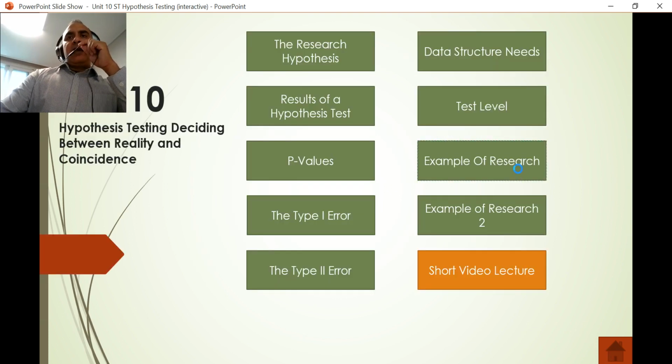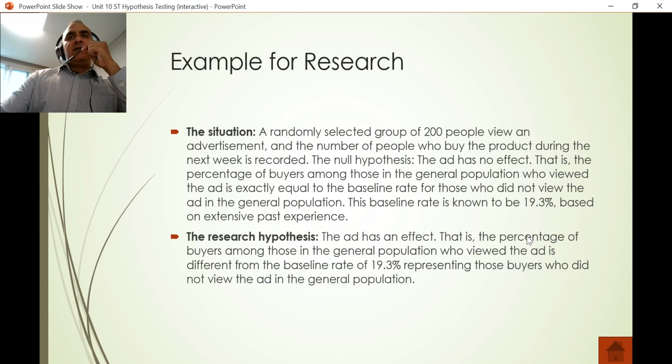So now we have examples of research. I want you to read this case. We have a randomly selected group of 200 people who view an advertisement, and the number of people who buy the product during the next week is recorded. We start with a null hypothesis: this advertisement has no effect, right? If we have sufficient evidence that people are purchasing this product because of the advertising, then we will have to accept the research hypothesis.